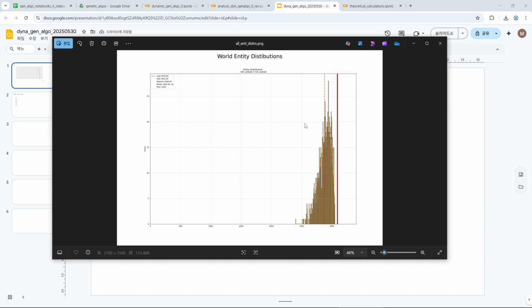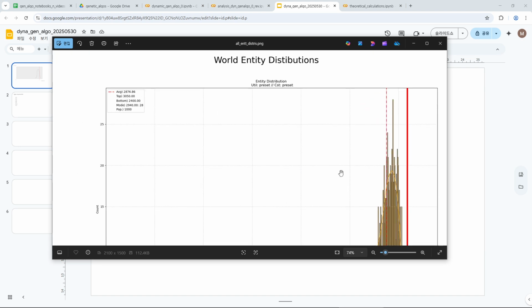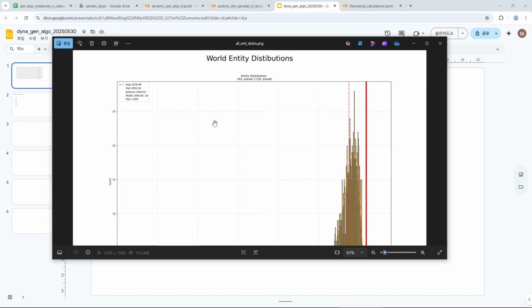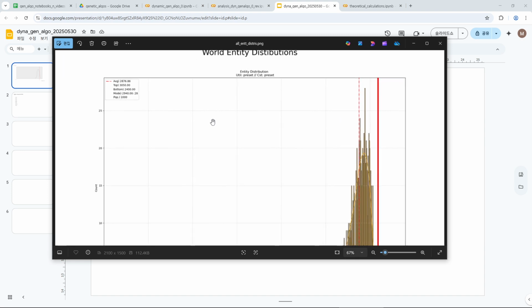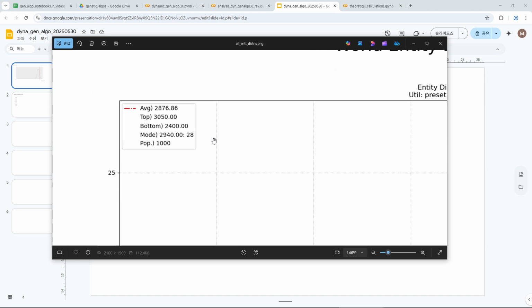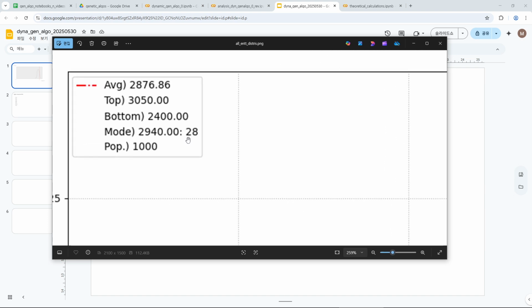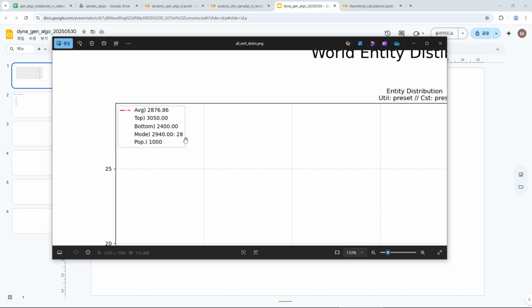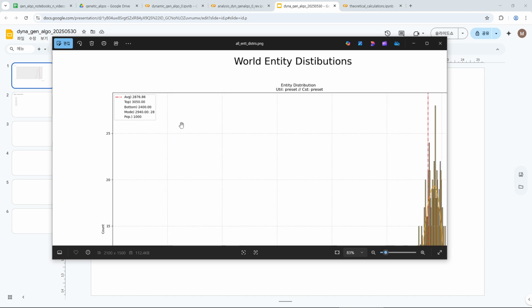A good way here to also look if something is working, or likely to have entities that keep on hitting the true ceiling, is to have a look at the mode, how high the mode is, and how many mode entities there are.